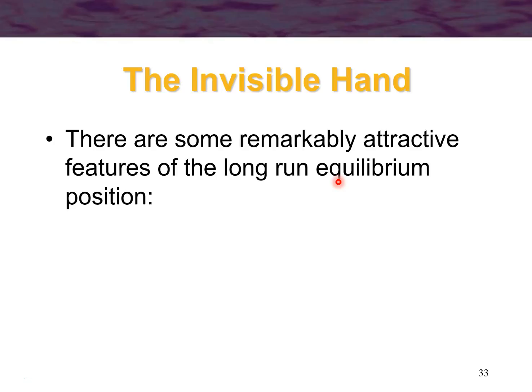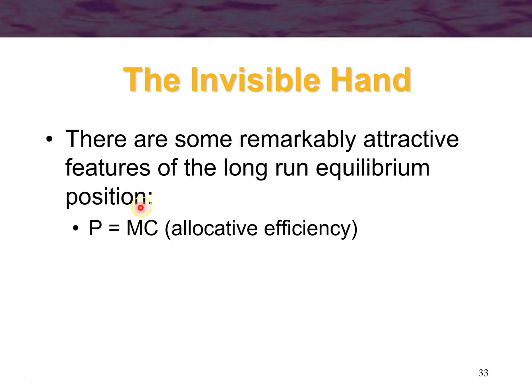Now, there are some remarkably attractive features in the long run. One, in the long run, price is going to be equal to marginal cost. And that is representative of allocative efficiency. Remember, allocative efficiency is producing what people want. Now, why does price equal MC equal allocative efficiency? Well, think of price as the value society puts on a good, and marginal cost as the opportunity cost to society to produce it.